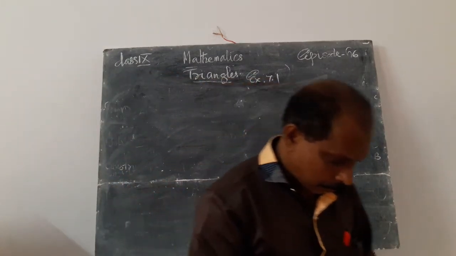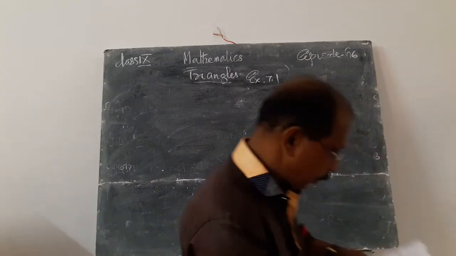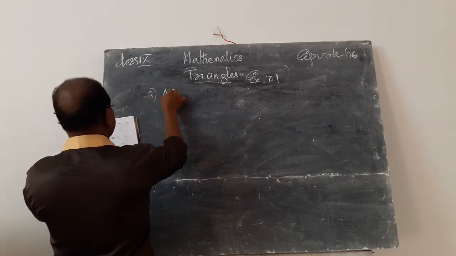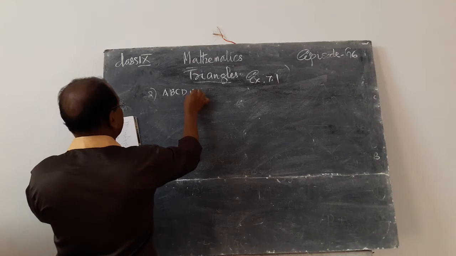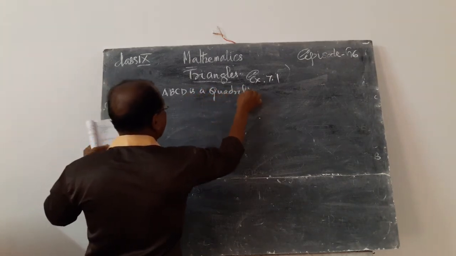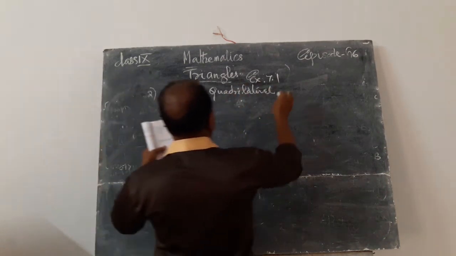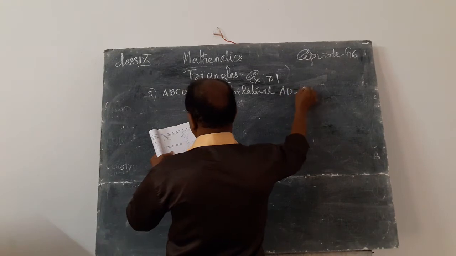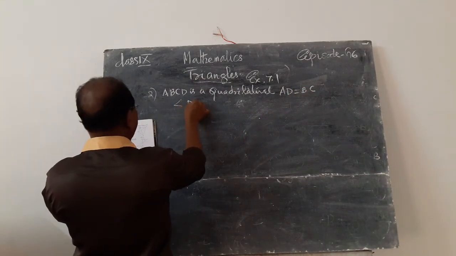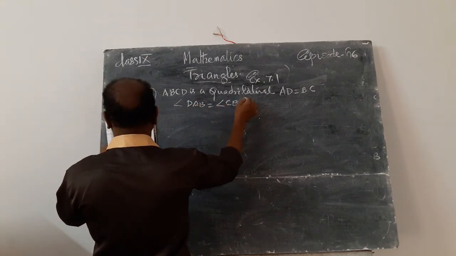Then question number 2. ABCD is a quadrilateral with AD equal to BC and angle DAB equal to angle CBA.